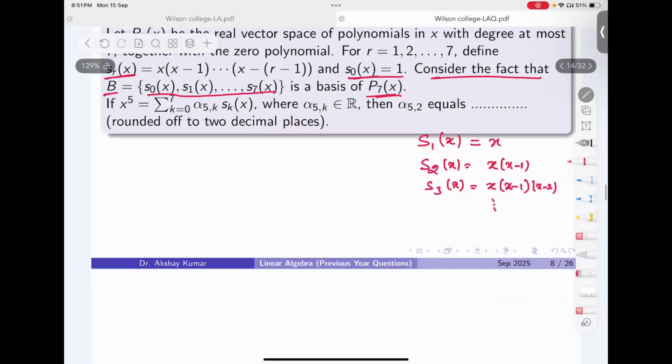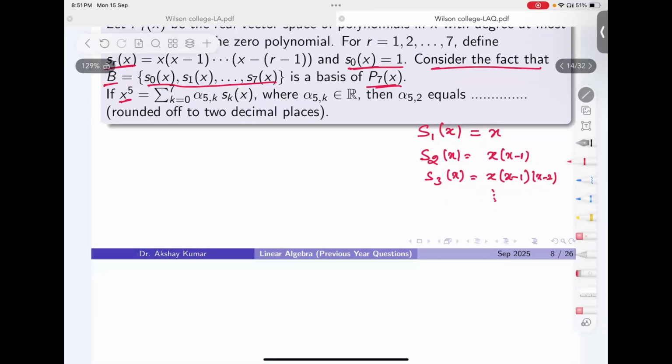Right. So, and we have given that x to the power 5 equals summation k equals 0 to 7 of alpha_{5,k} S_k(x), right? And we want to calculate the value of alpha_{5,2}, right?